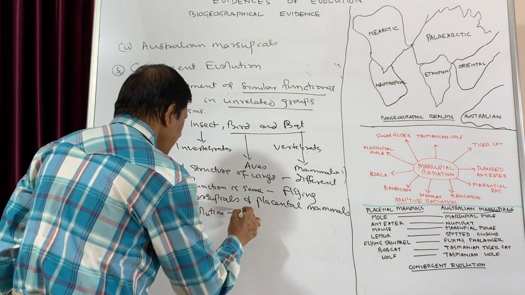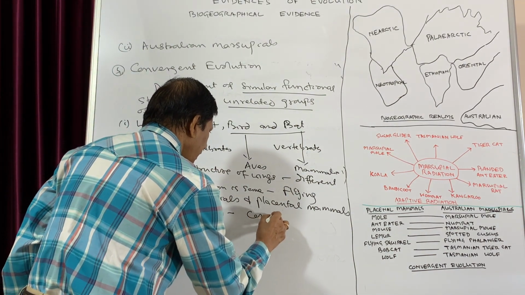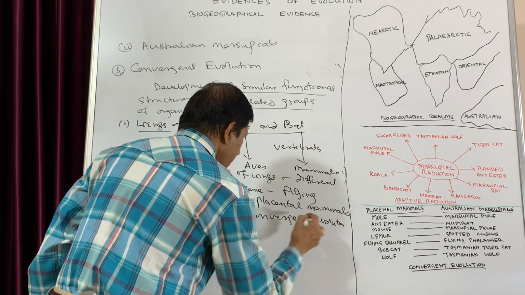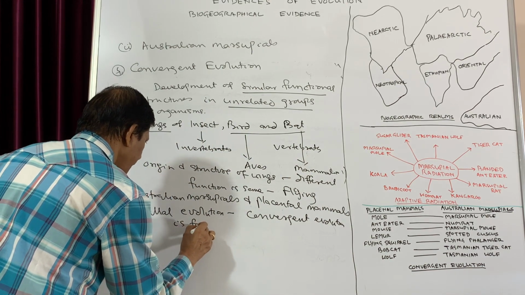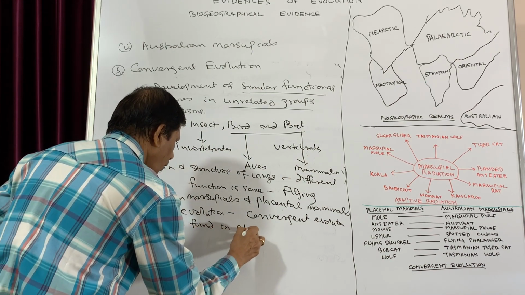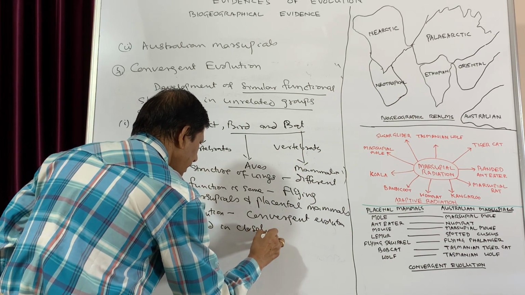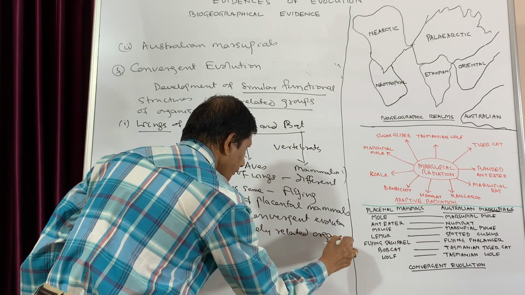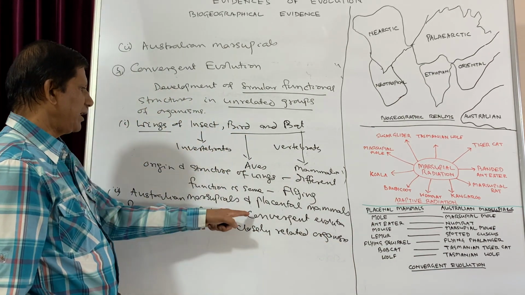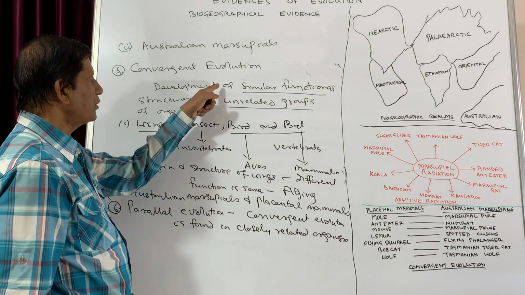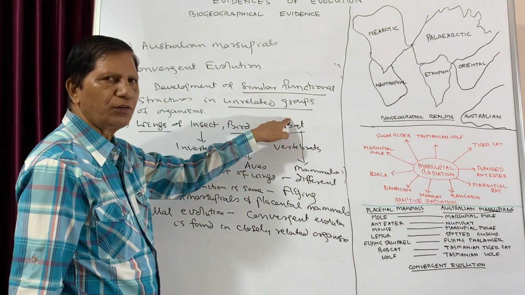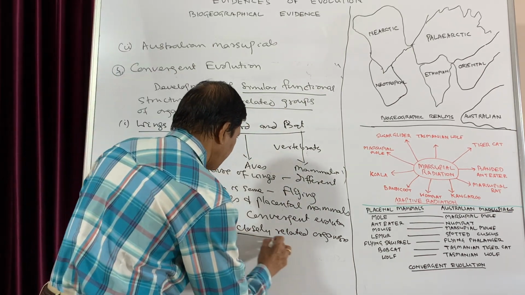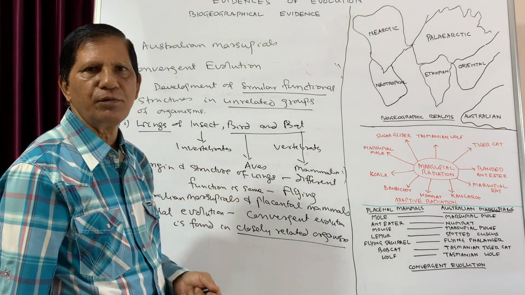That means convergent evolution found in closely related organisms. Here we discussed that convergent evolution takes place with similar function but unrelated groups. But instead of unrelated groups, if it is closely related groups, then it is also known as parallel evolution.